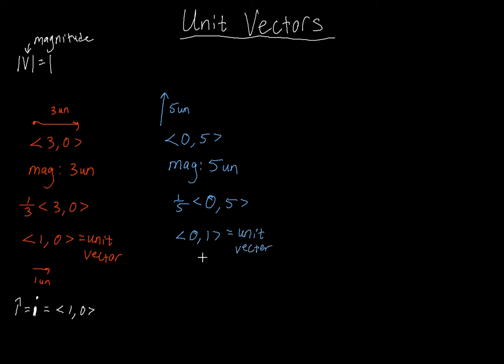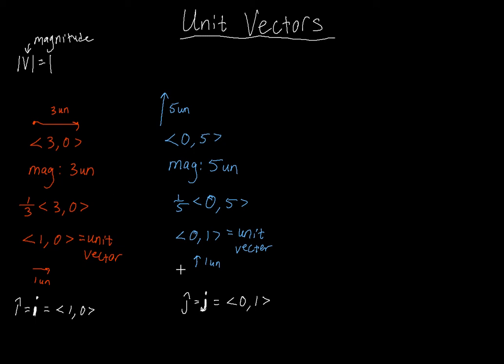And again, this is another very special vector in math. A vector that points 1 unit up is used so often that we gave it its own name as well. We call it j hat, or again, bold-faced j if you're going to type it on the computer, but again, pretty annoying if you have to make it bold every time. So this vector points 0 left or right and 1 up.